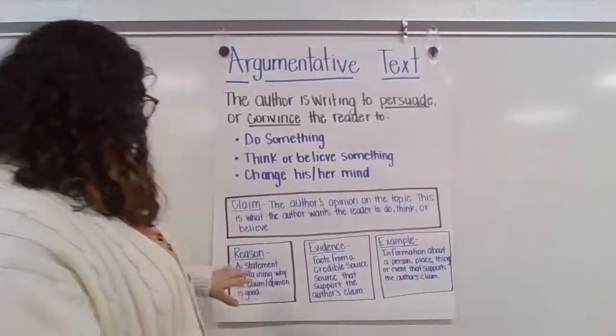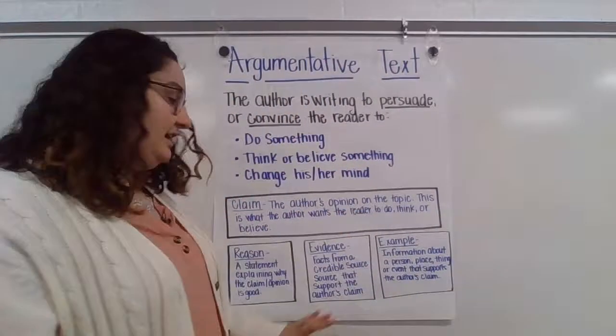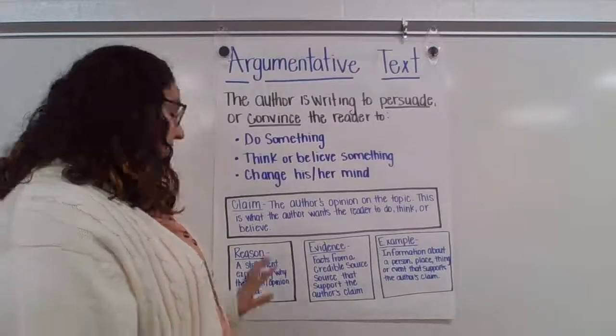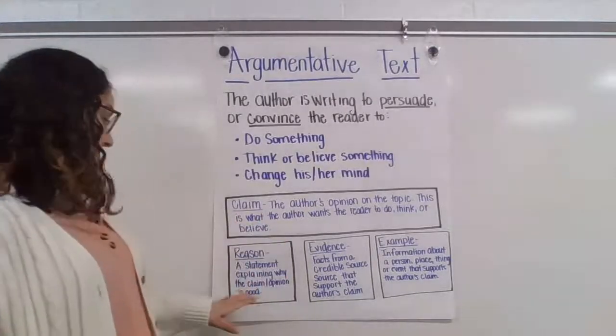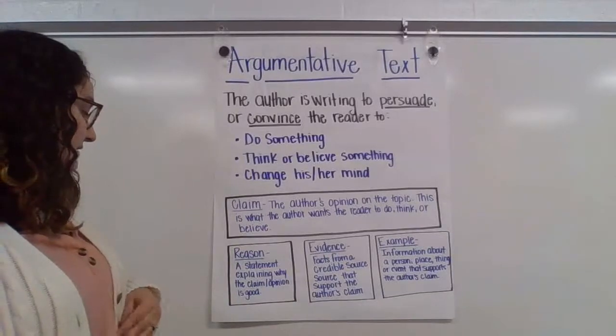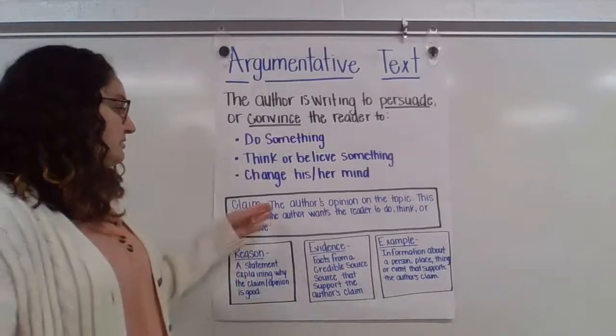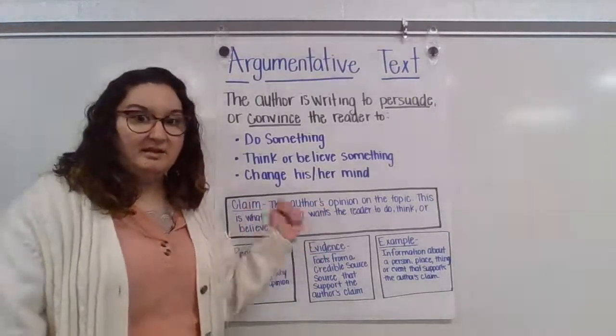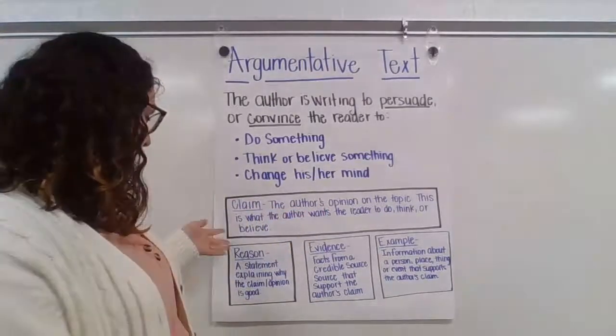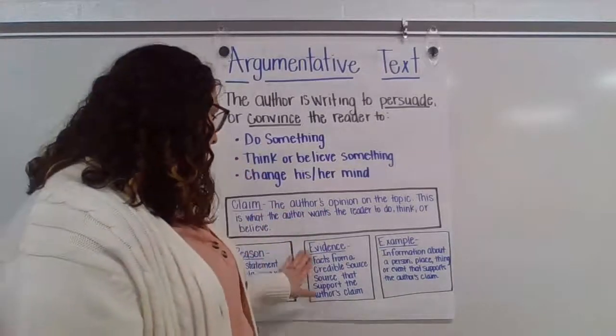Along with his claim, he is going to have reasons. That's a statement explaining why the claim or opinion is good. He's going to give you reasons why that claim is a good opinion.